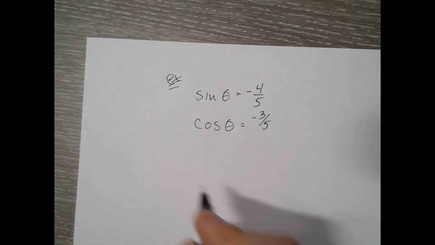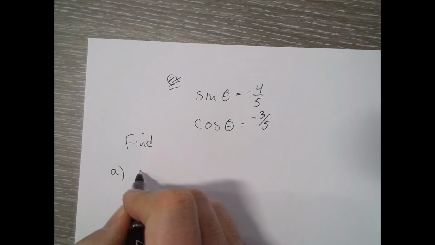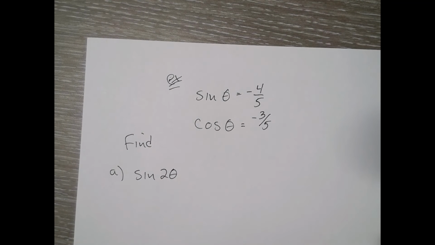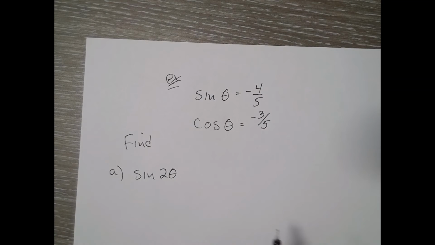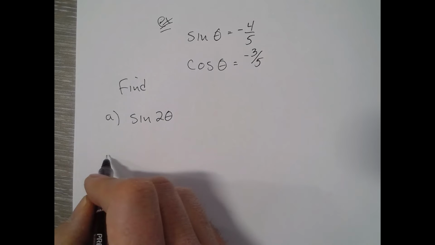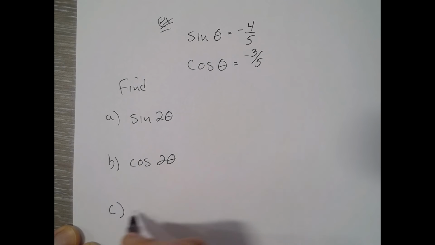And I want you to find the sine of 2 theta, and we'll also do cosine of 2 theta, and might as well do tangent of 2 theta while we're at it.